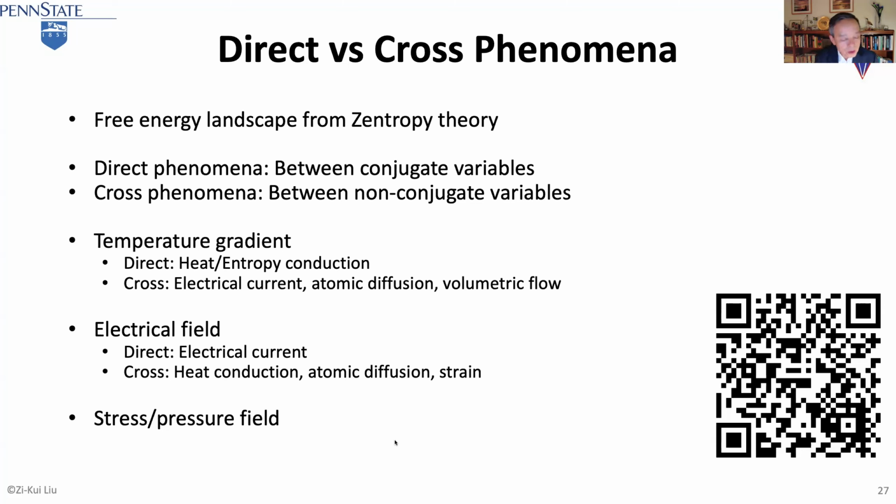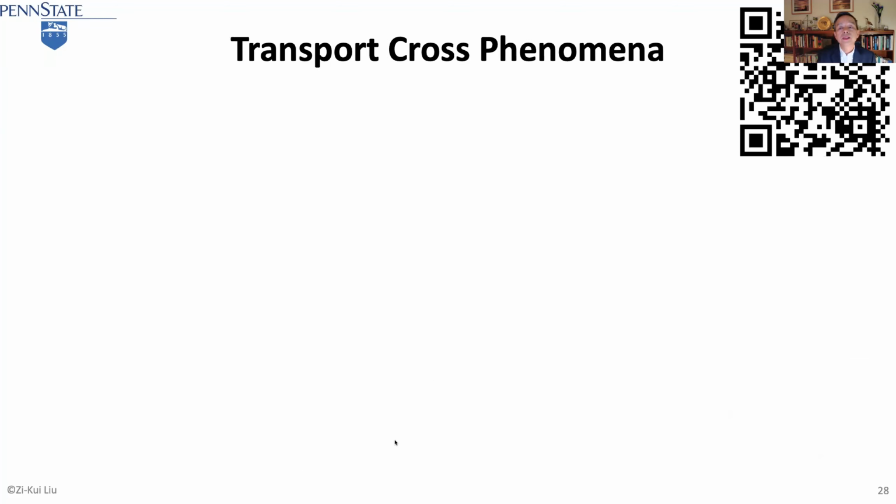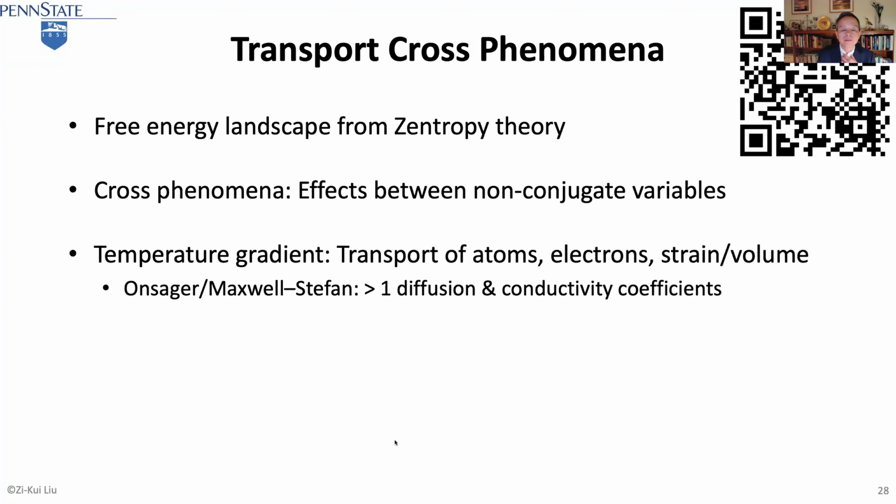For the stress and pressure field, we could have the volume and the fluid flow. Then we have those cross phenomena with electric current. You press it to get electricity. That's the piezoelectric effect. And the atomic diffusion and also the heat conduction.